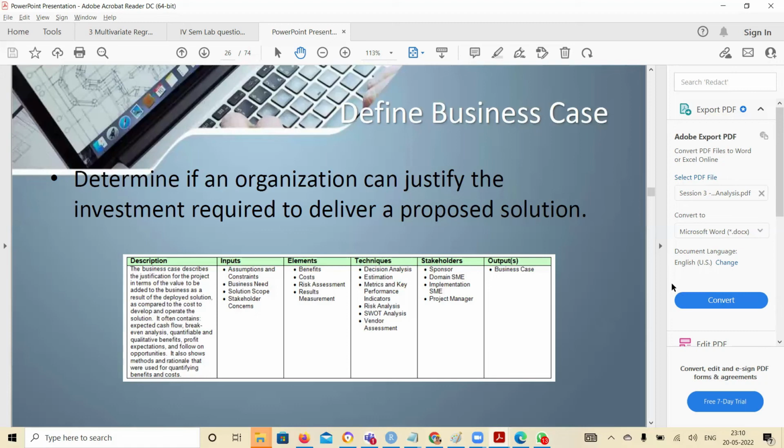Let me look at the techniques and tell me if you understood all of these. Vendor assessment. See, you will have input for all your process, right? So input is provided by a vendor, that's why we call it vendor input.